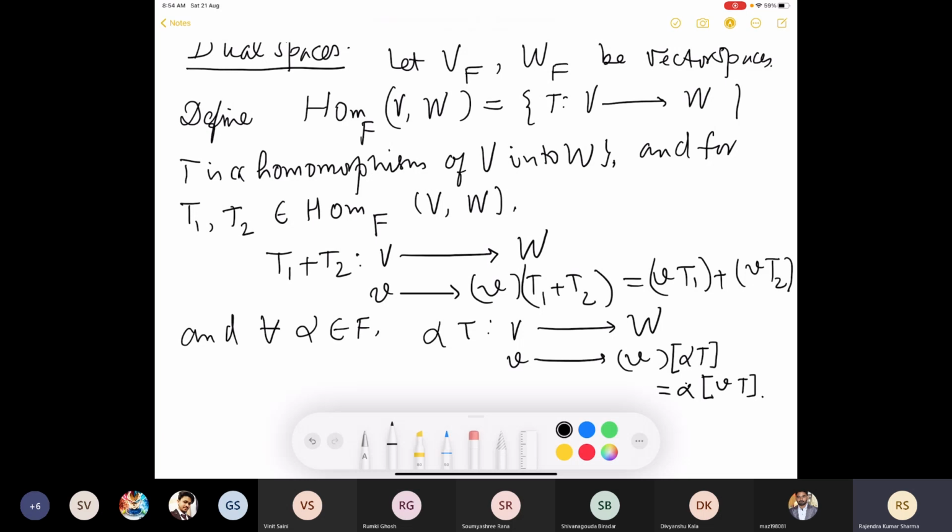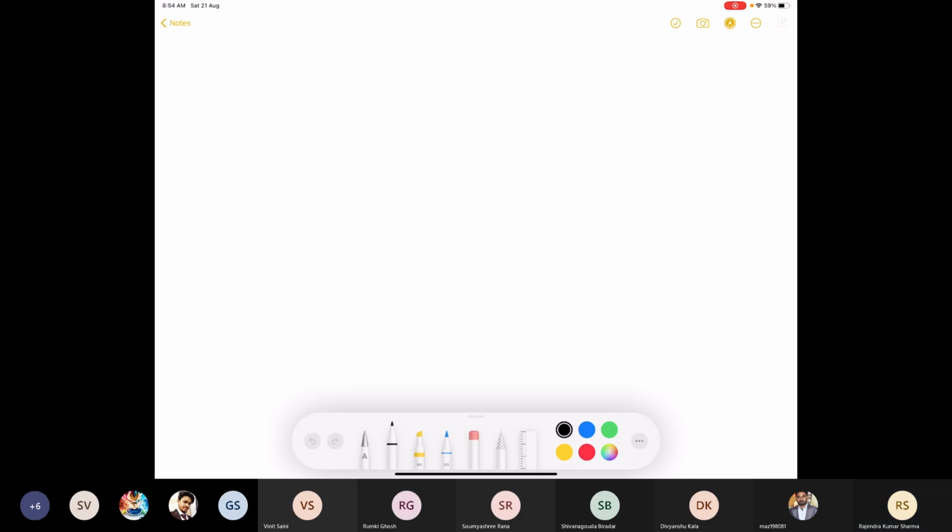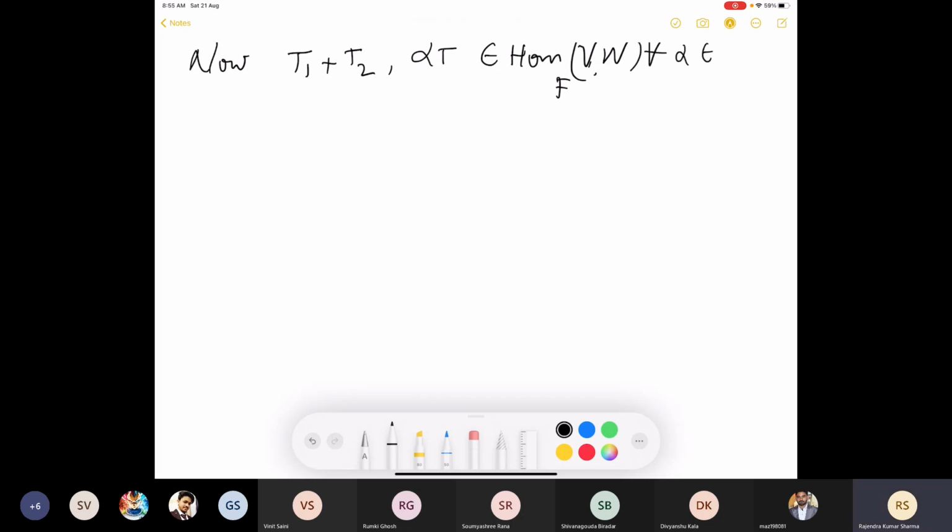Other properties one can verify. So now T1 plus T2 is well defined, and T1 plus T2 and alpha T are in Hom(V, W) over F for every alpha in F and for every T, T1, T2 in Hom(V, W).